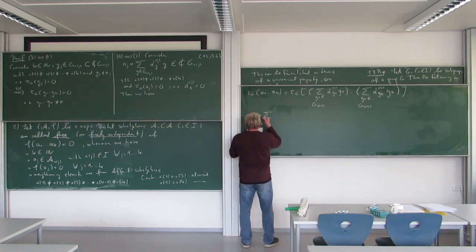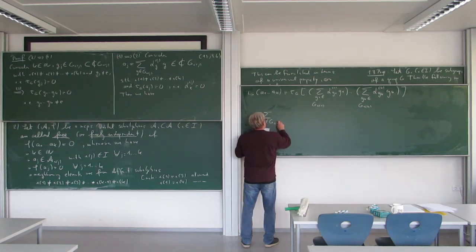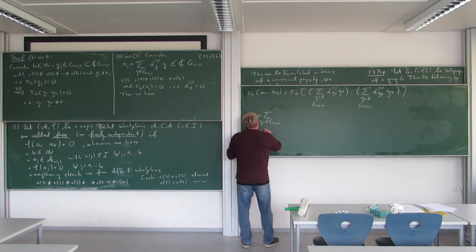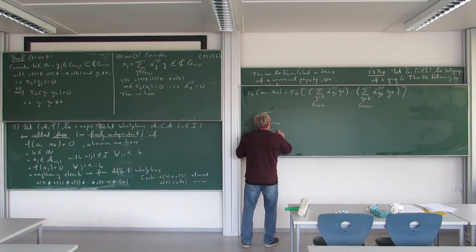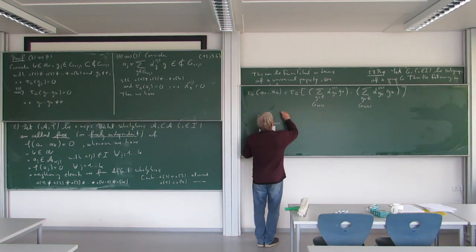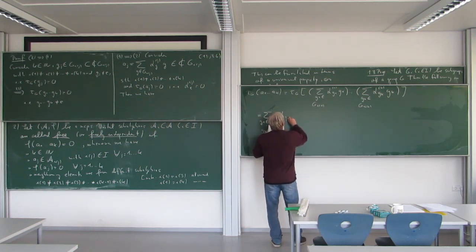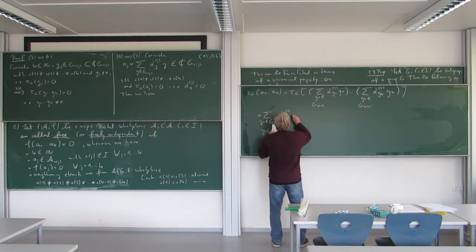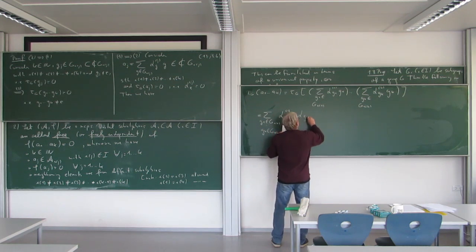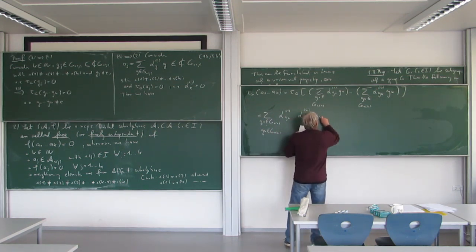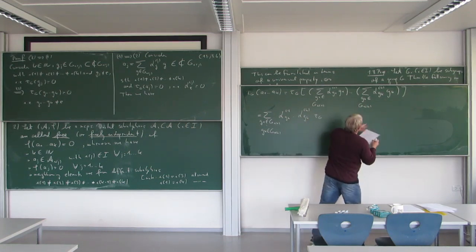I write them together, so it's G1 in the group G_i1 up to Gk in G_ik. Then I have those coefficients, alpha G1, the first term, up to alpha Gk, the kth term. And then I apply tau G to the product of the corresponding G's.